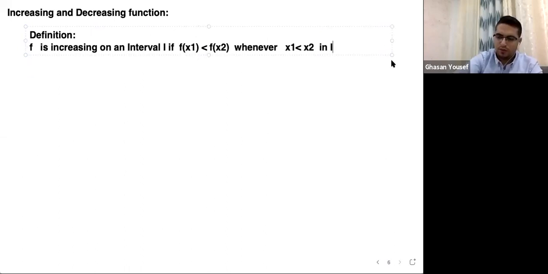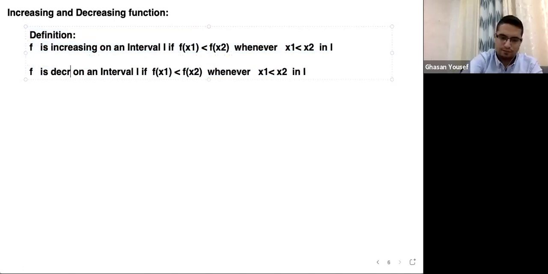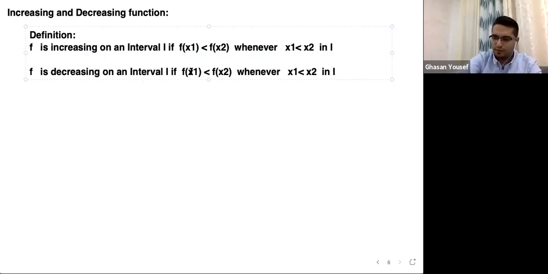Also, we have to know that a function is decreasing on an interval I if f of x1 is greater than f of x2 whenever x1 is less than x2.